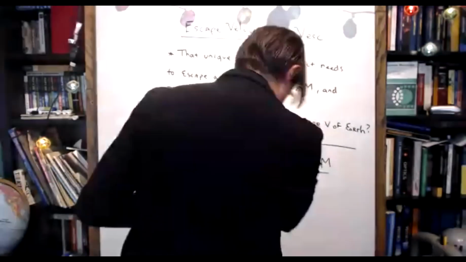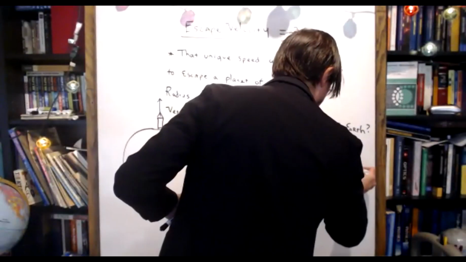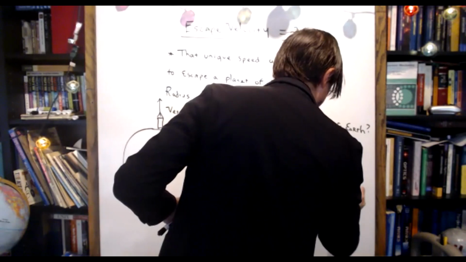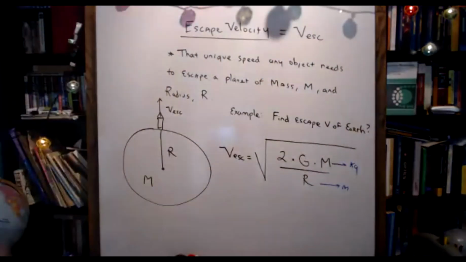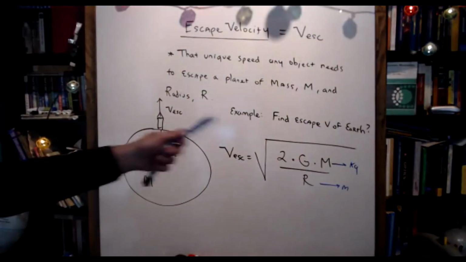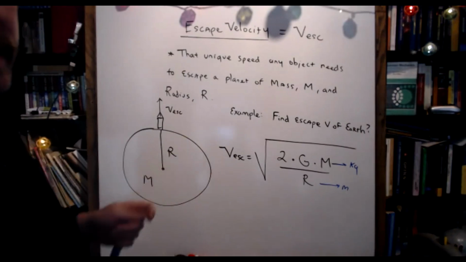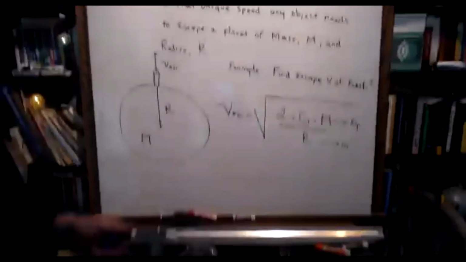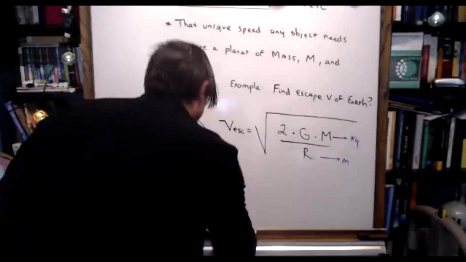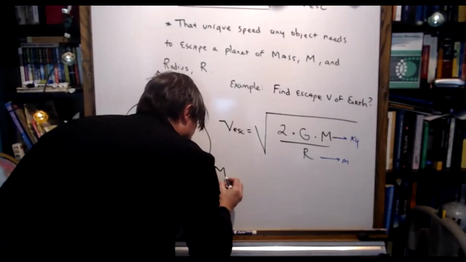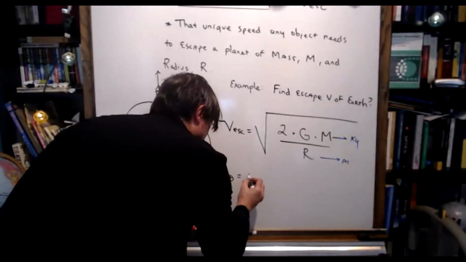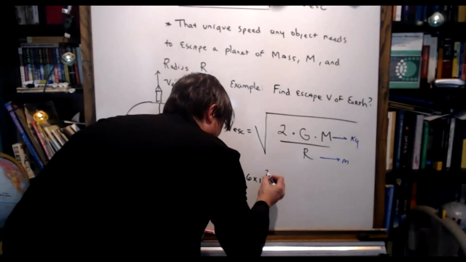So the mass should be in kilograms, and the radius should be in meters. So let's try a problem where we find the escape velocity of Earth. I'll give you the mass and the radius. The mass of Earth is 6 times 10 to the 24 kilograms.